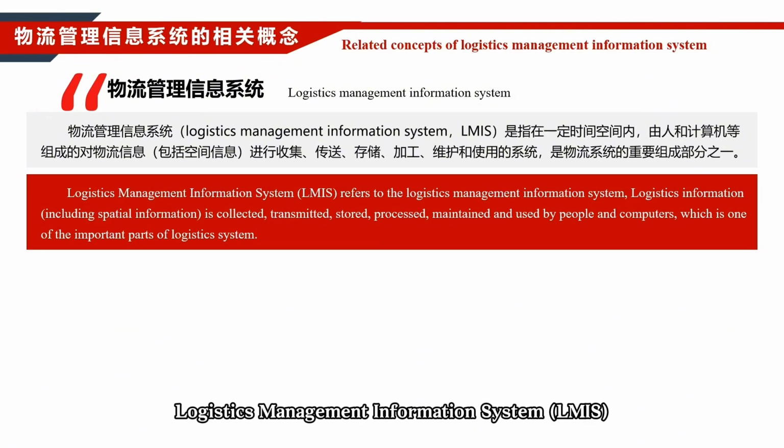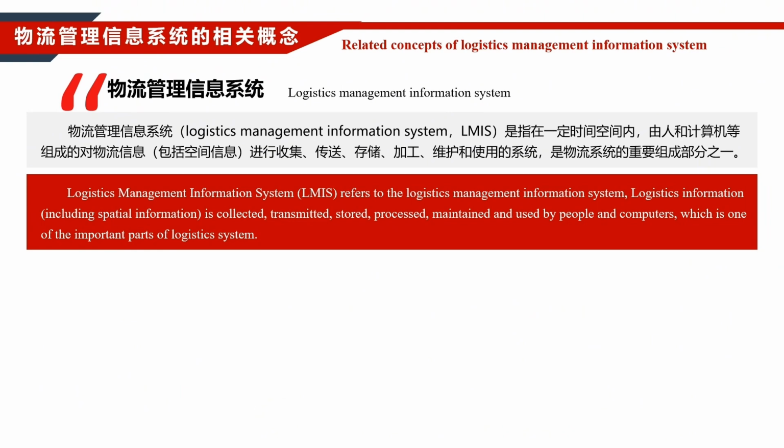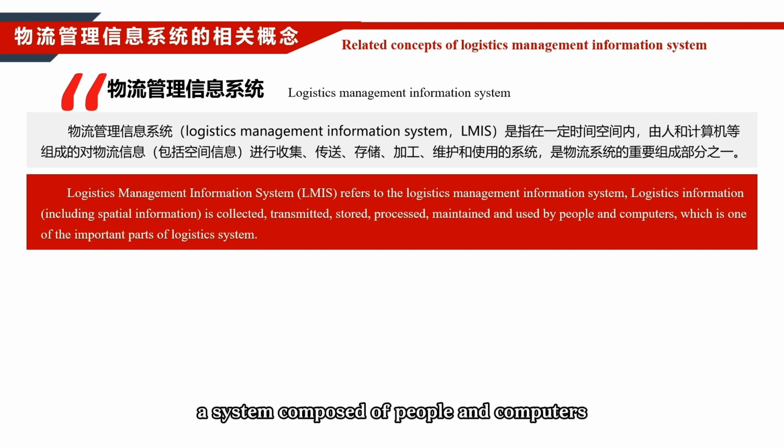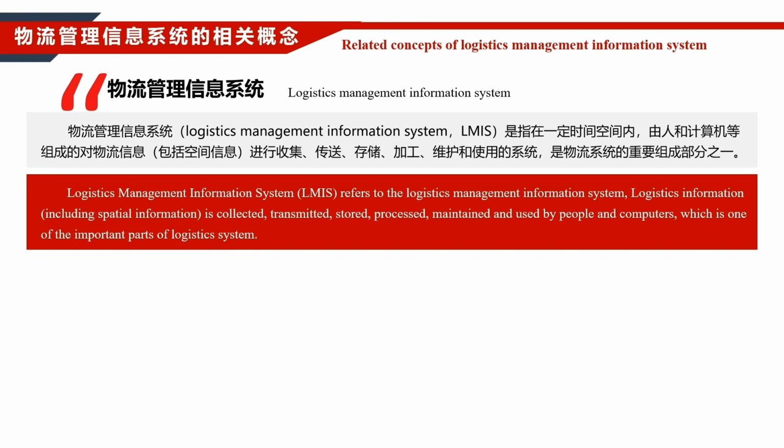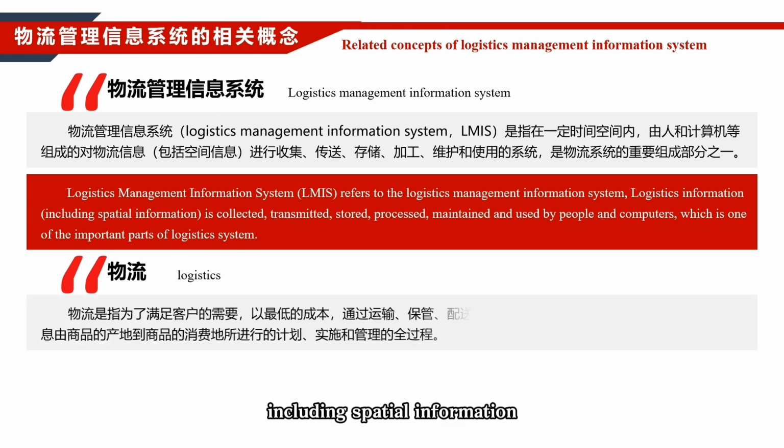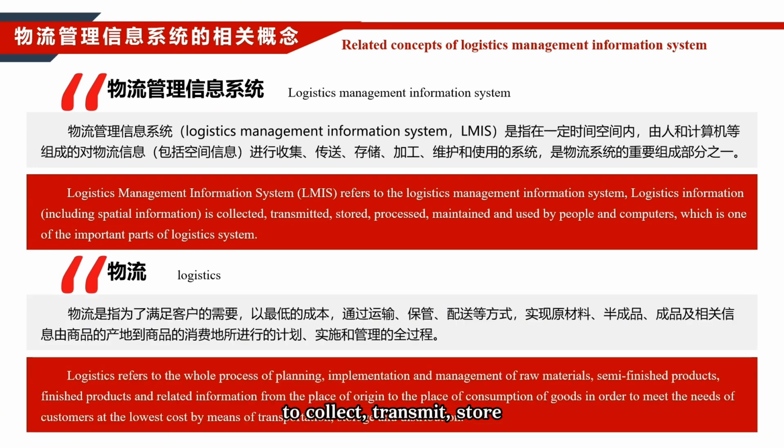Related concepts of Logistics Management Information System. Logistics Management Information System (LMIS) refers to, within a certain time and space, a system composed of people and computers, etc. For logistics information, including spatial information, to collect, transmit, store, process, maintain, and use, is one of the important parts of the logistics system.